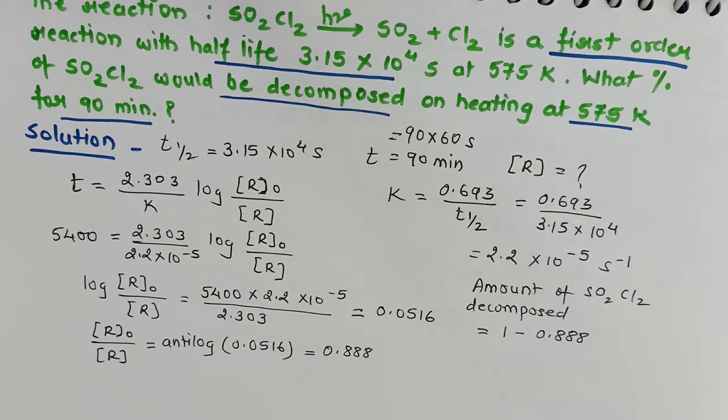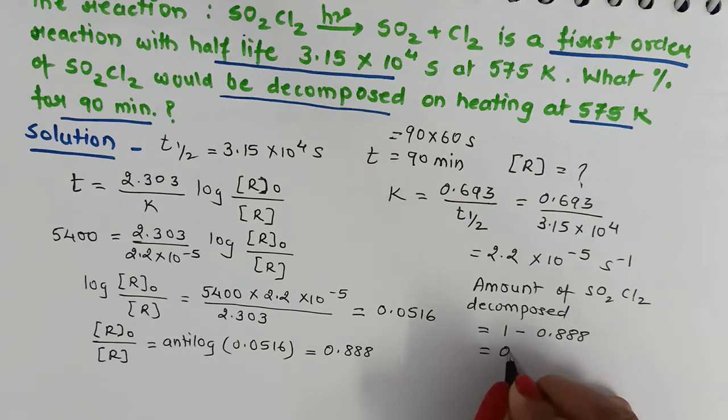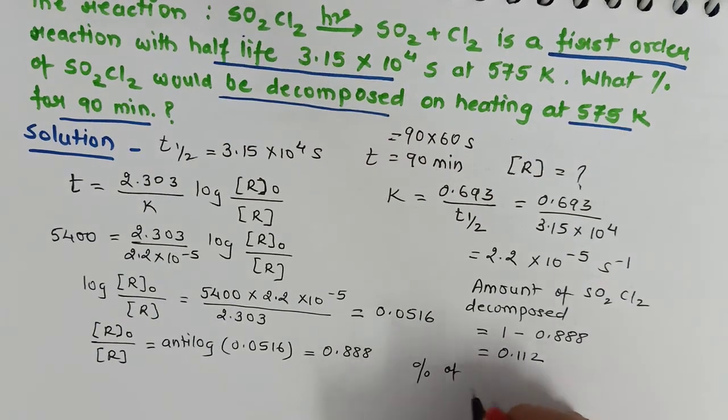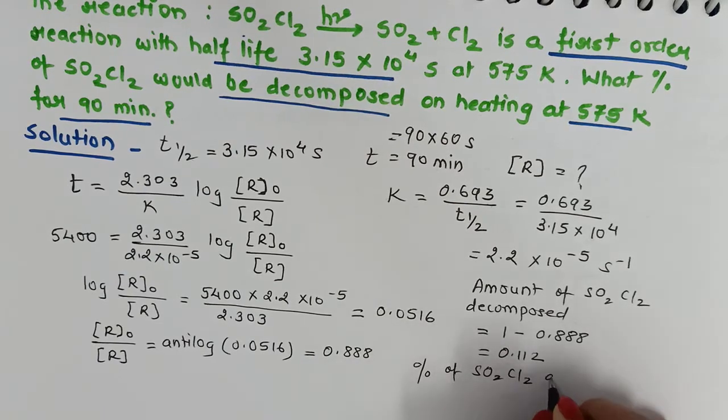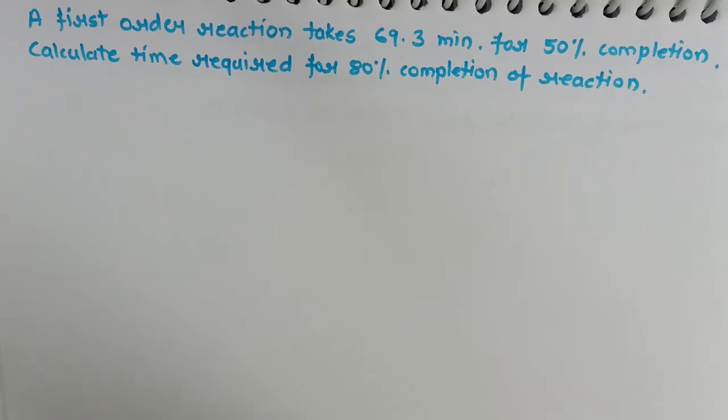Let us consider the initial concentration is 1, and therefore we get 1 minus 0.888, that is equal to 0.112, and hence the percentage of SO2Cl2 decomposed is 0.112 upon 1 into 100, which equals 11.2%. So this is how the numericals can be framed in twist and turn manner for half-life time.